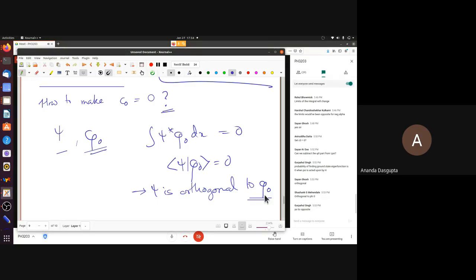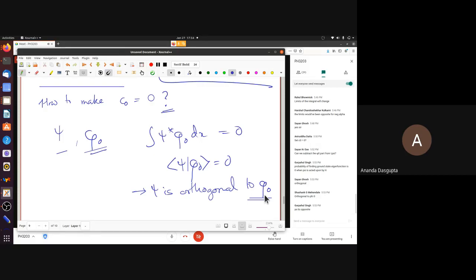Now, this gives us some kind of handle on the problem in the sense that if I already know the ground state eigenfunction, sometimes I know the exact ground state eigenfunction. For the harmonic oscillator, of course we do. For the problem that we had, e to the minus alpha x to the 4 was the exact ground state eigenfunction. For this, making psi orthogonal to phi 0 is simple.